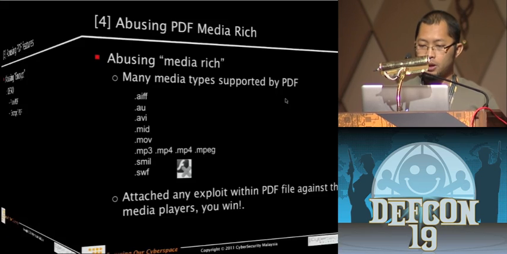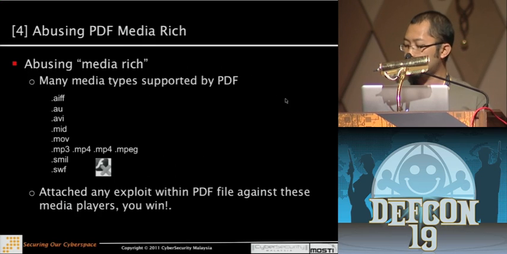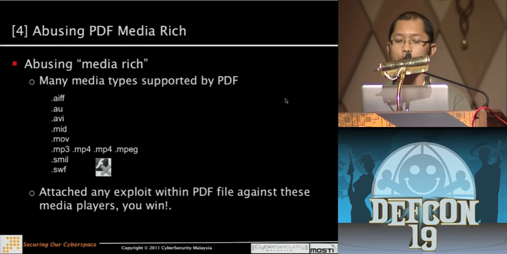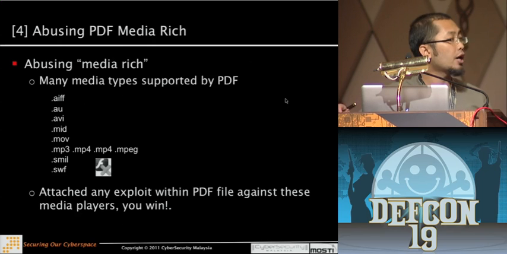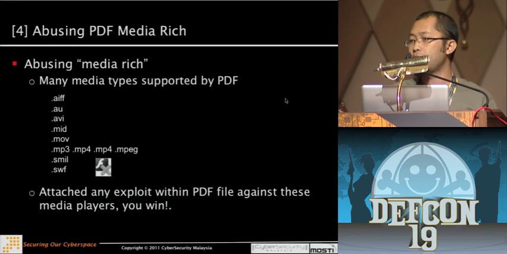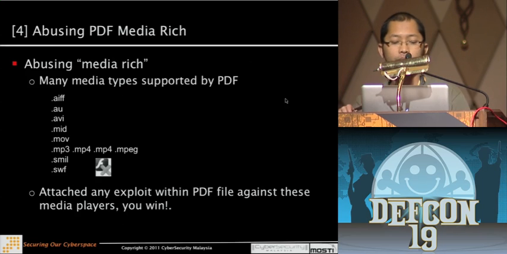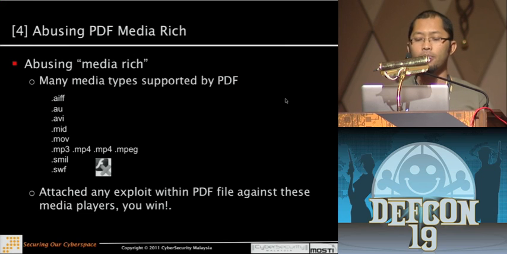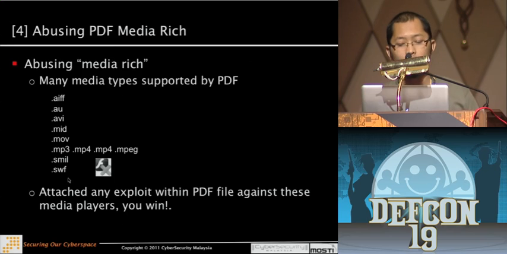All right. So the fourth one that we normally see within PDF applications is using the media-rich features of the PDF reader, because they support many media types. Pretty much you can embed a couple of media, for example AIF, .mov, .mp3, and even now SWF.